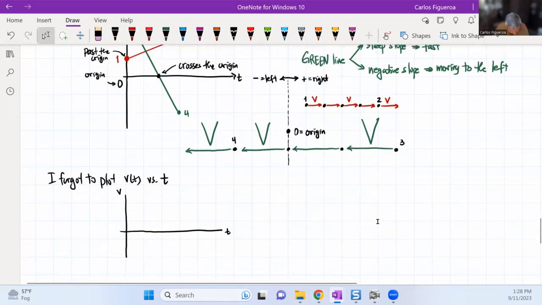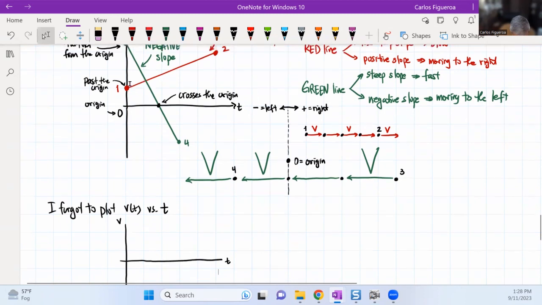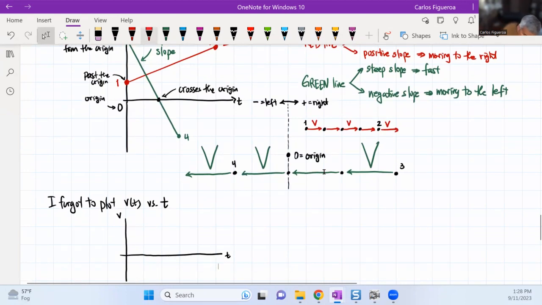So the first thing that we want to do here is that if I look at the red, we could see here is that the red line has a smaller slope as it goes from point 1 to point 2. So I'm going to say that this is 1 and then this point is 2.